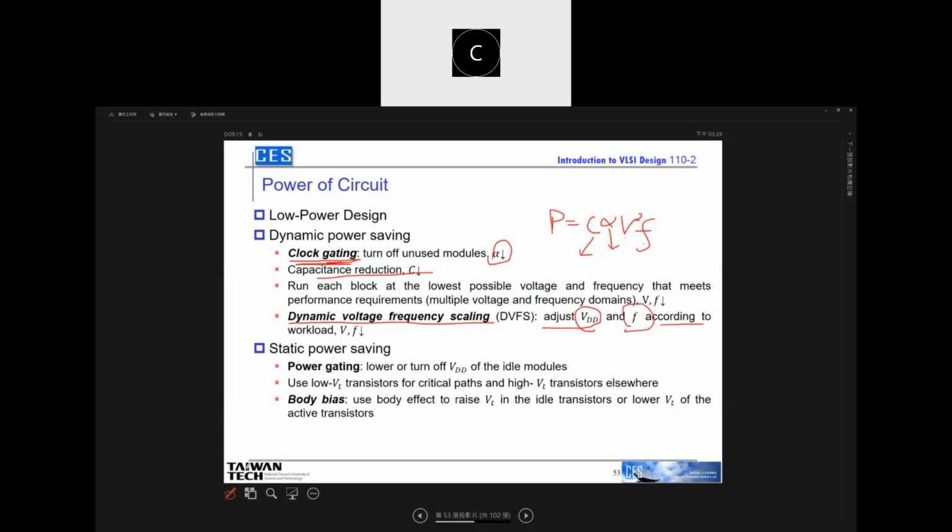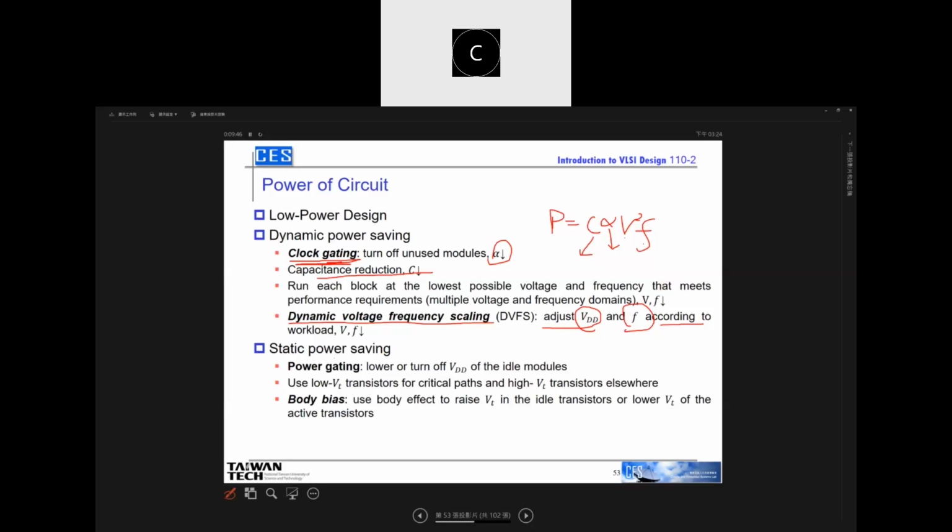So if the workload is high, then you increase the VDD and frequency to meet the performance requirement. Otherwise, if the workload is very low, that means not much operation is going on, then you can reduce the frequency and the VDD to save power.